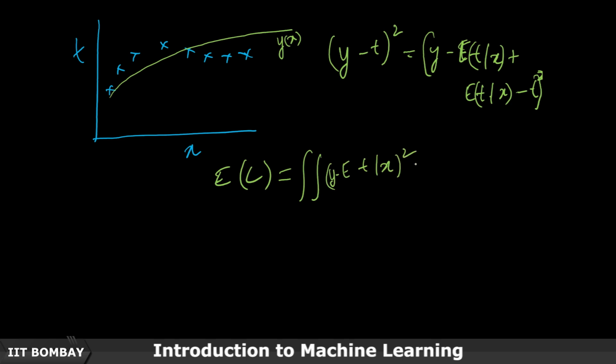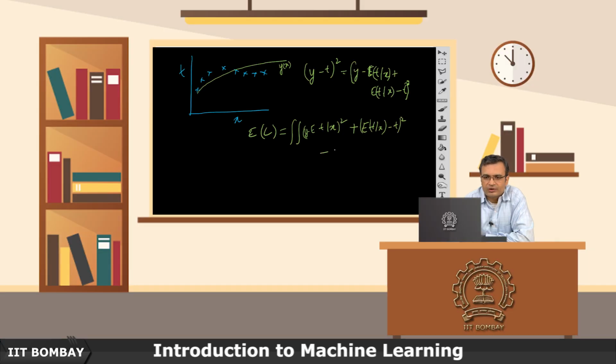The other term will be (expected value of t given x minus t) whole square, and then we will have the cross term, which will be plus 2 times (y minus expected value of t given x) times (expected value of t given x minus t).